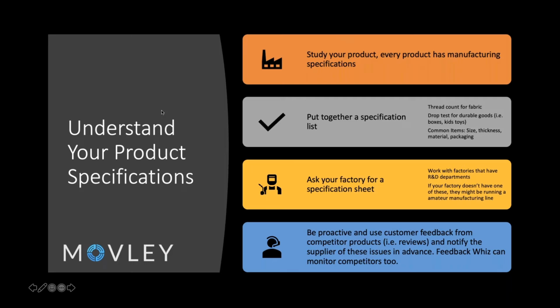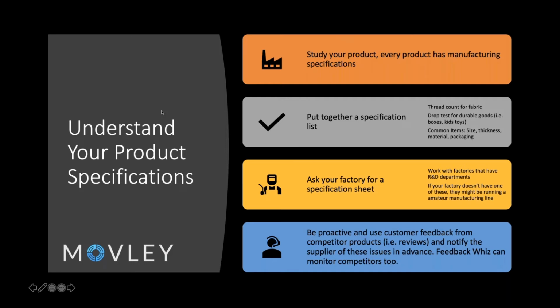Good factories will have quality control engineers and other types of engineers to help build a product, improve the product, and then manage production on an ongoing basis. If your factory does not have an R&D department, it might be running an amateur production line, and that is a huge issue. So this is a great way to filter your factories before you even start producing with them.